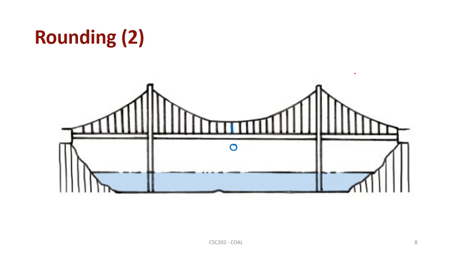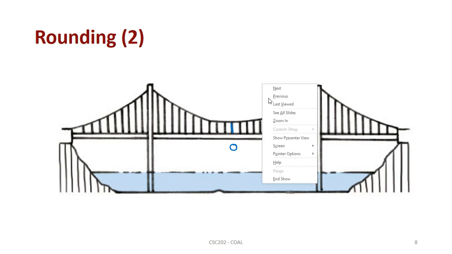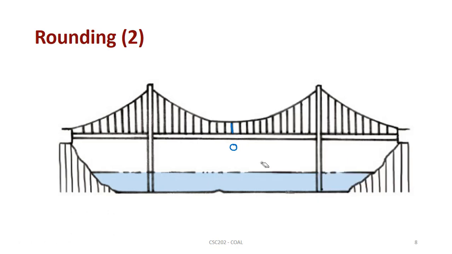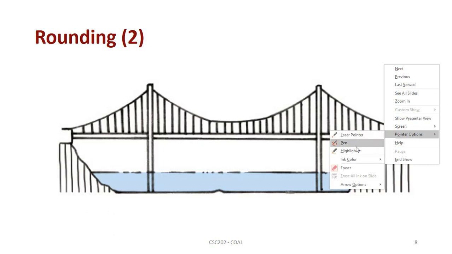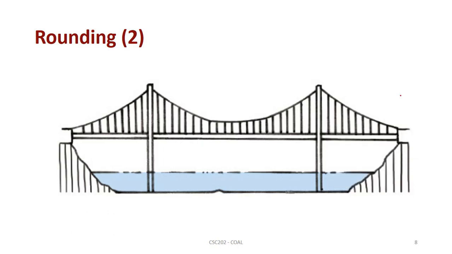Alright, so let's take a few examples over here. Take some other number so that we can consider it is not 0. Consider this position, this pillar, is 1.